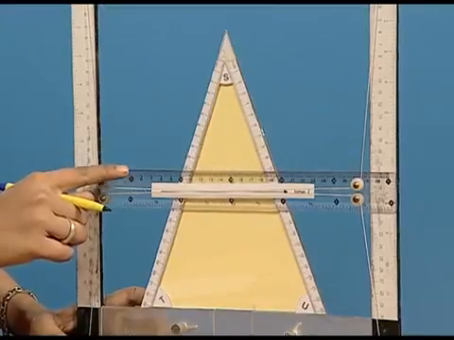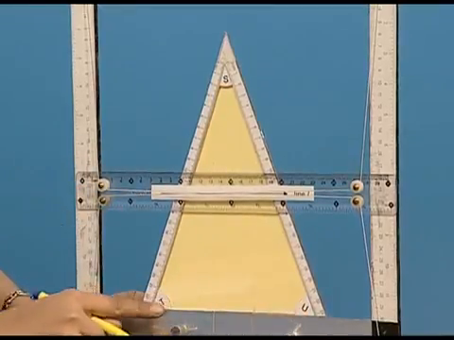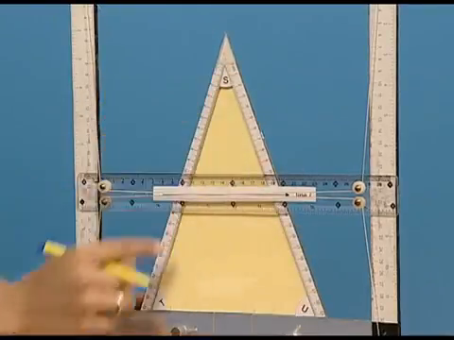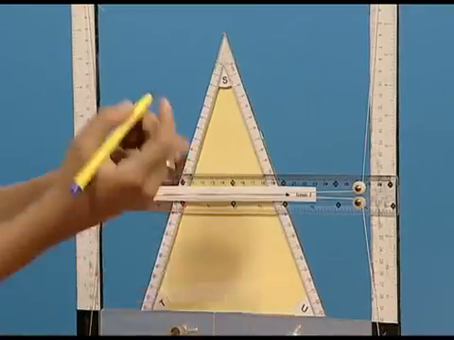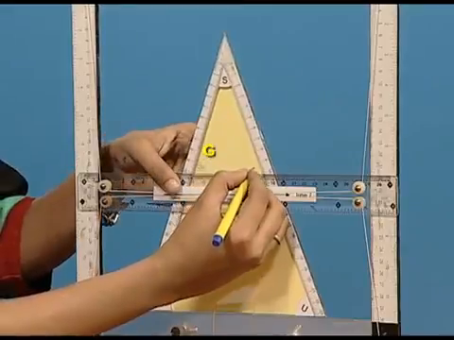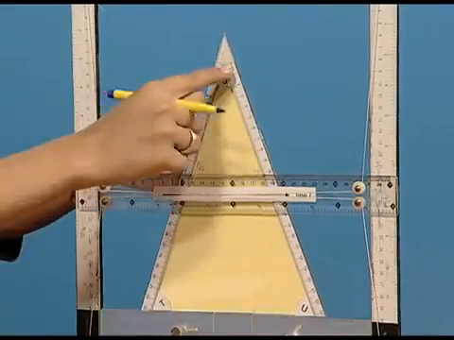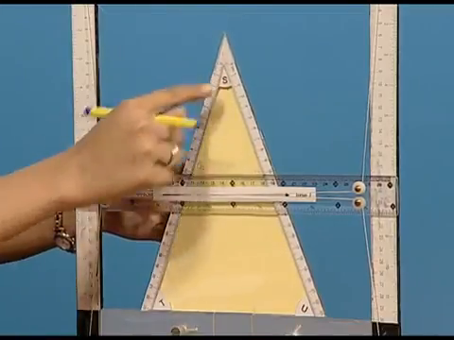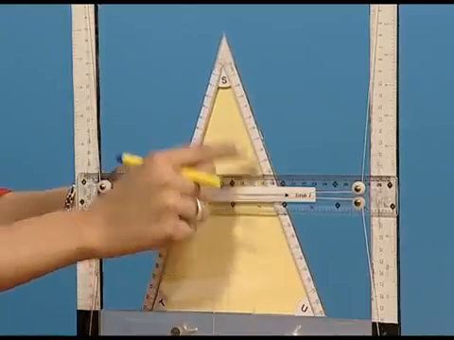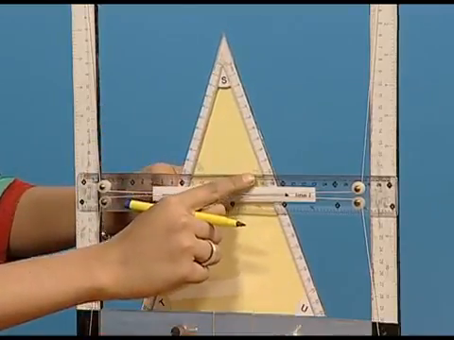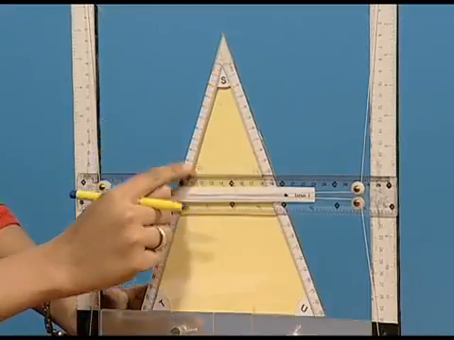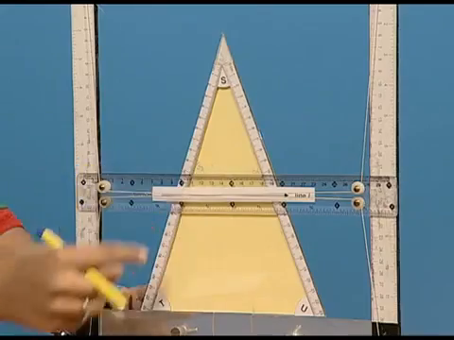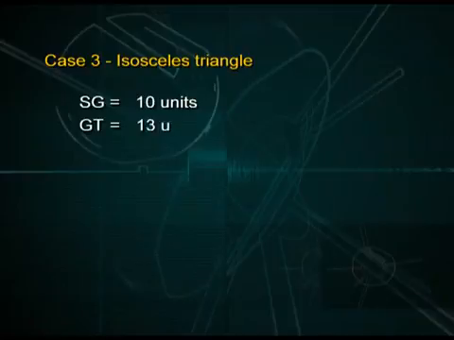This line L is again parallel to TU and intersecting the other two sides of triangle STU at, say, G and H, where the line is intersecting ST at G and SU at H. Again on measuring, SG is 10 units and GT is 13 units.